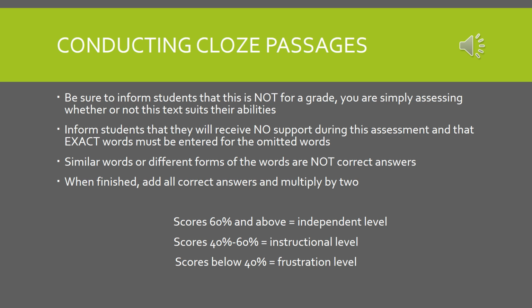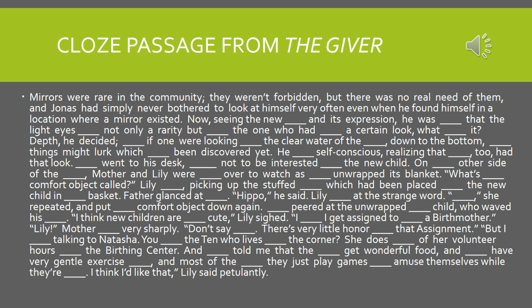Next, I'm going to show you how I conducted a cloze passage with my text, The Giver. You will notice that I have chosen a passage at roughly 275 words from a random chapter in The Giver. I left the entire first sentence intact.